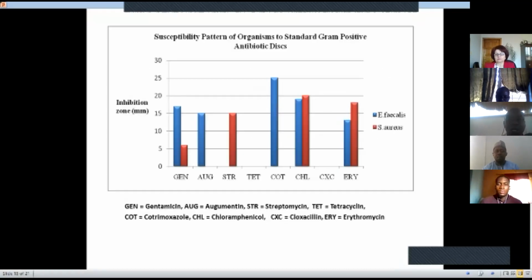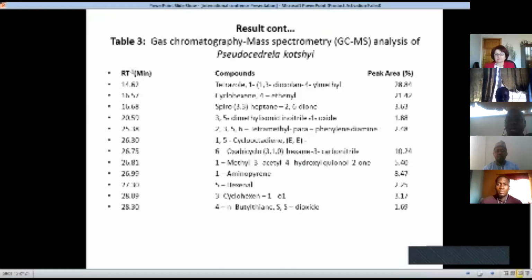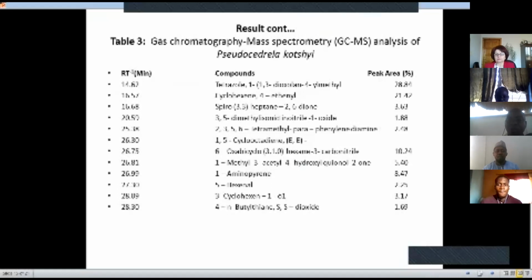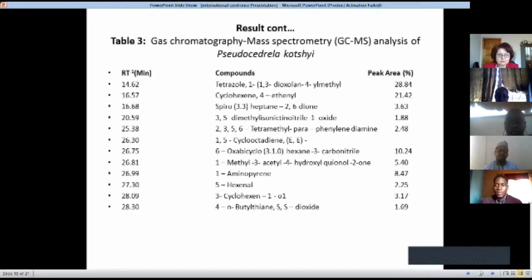Now, the gas chromatography mass spectrometry analysis of both the extracts we have done, and we are able to see that we have almost 12 compounds. That means we are talking about the volatile compounds, the metabolites, the chemicals that are in the plant that make them carry out these pharmaceutical or antibacterial activities.